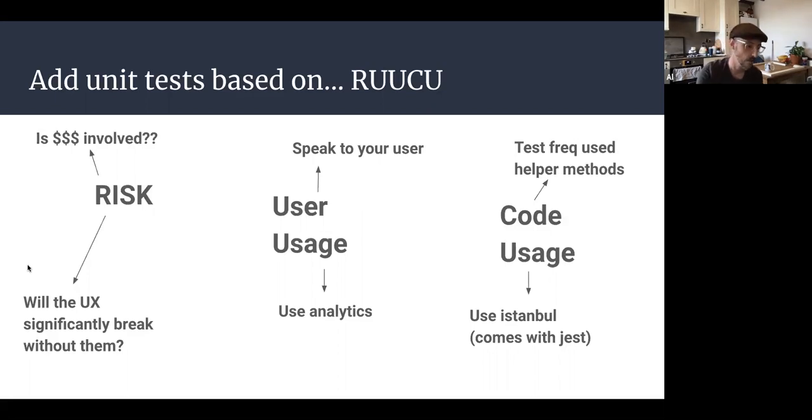There's no point in testing something thoroughly when they're not even going to that part of your site or application. And also code usage, so how often a function is getting called, which you can gauge with different tools. Istanbul, if you bootstrap from the top of your application and run Istanbul against that, you can actually see how many times things are getting called.